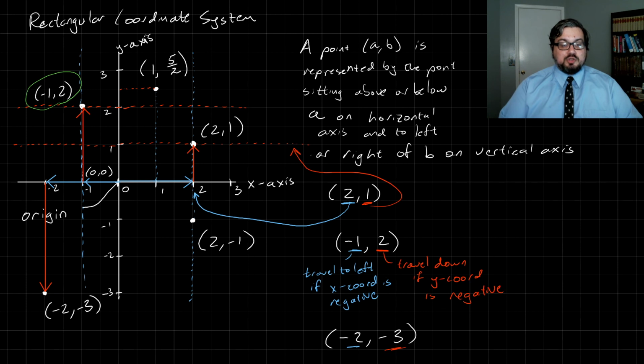So we get the point 2, -1 right there. So the order very much matters. Notice that the points -1, 2 and 2, -1 are very far away from each other. And so changing the order of the coordinates changes the point that you're looking at there.